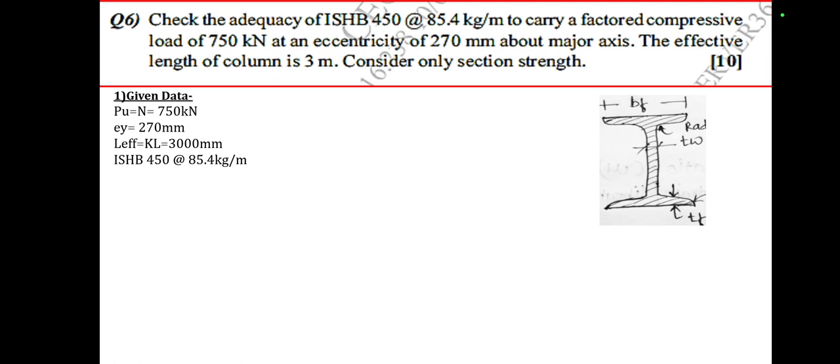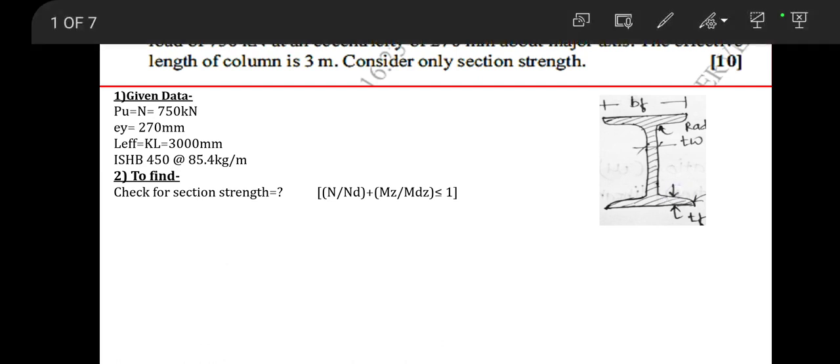Therefore, ISHB 450 at 85.4 kg per meter is utilized to design the section. We have to find the section strength, that is nothing but N upon Nd plus Mz upon Mdz, and this value should be less than 1.